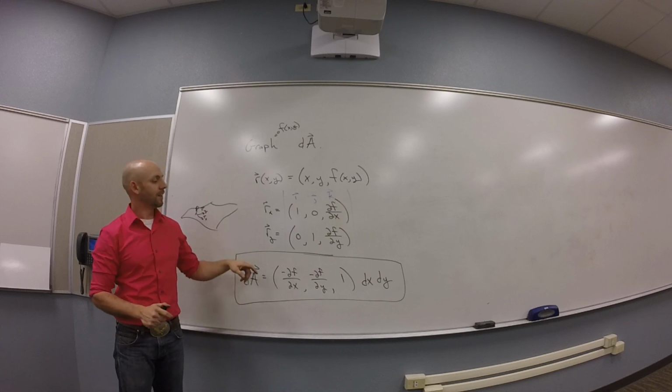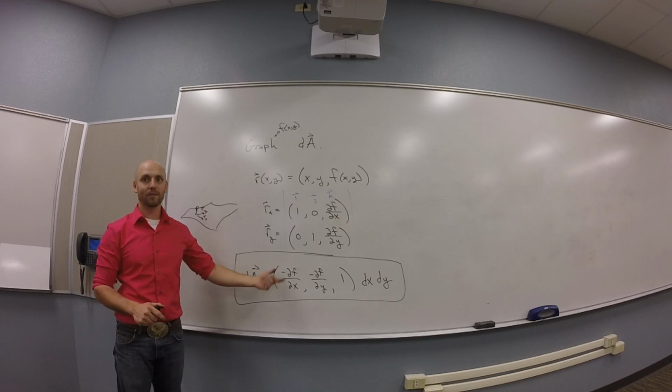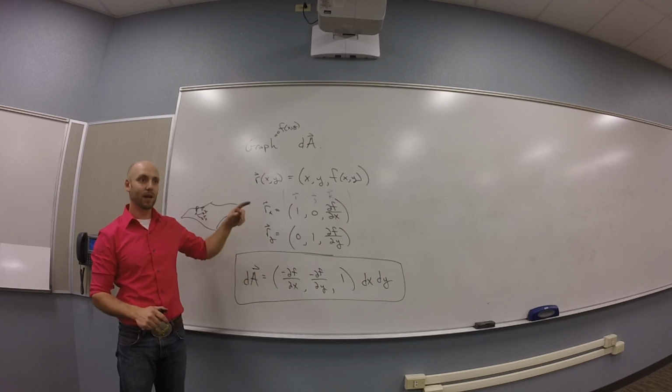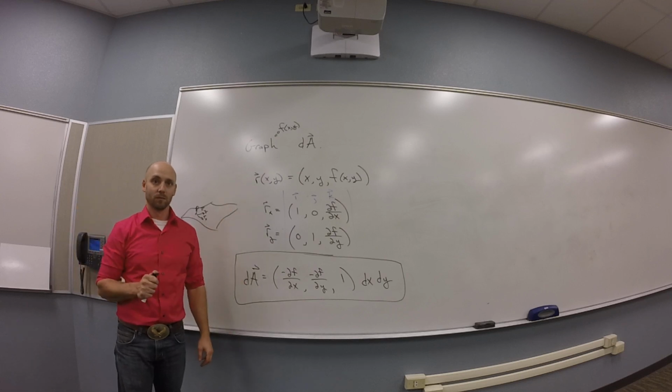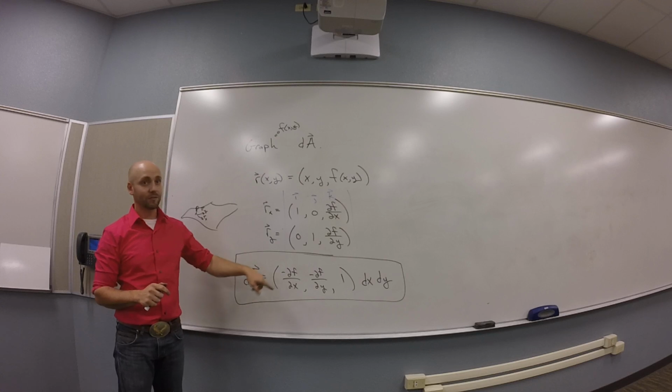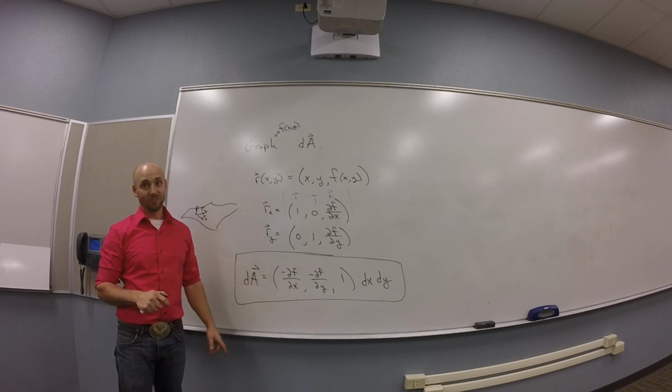Personally, I find that I'm more prone to make little mistakes in the order or signage on this than I am to make a mistake in cross-producting and remembering, but either way. You guys cool? Please note, this one's a lot easier than spherical, right? So you just take these partials and do it.